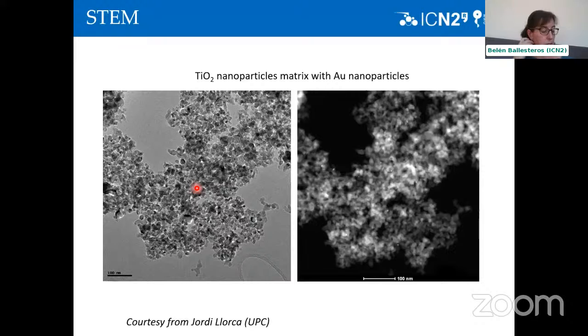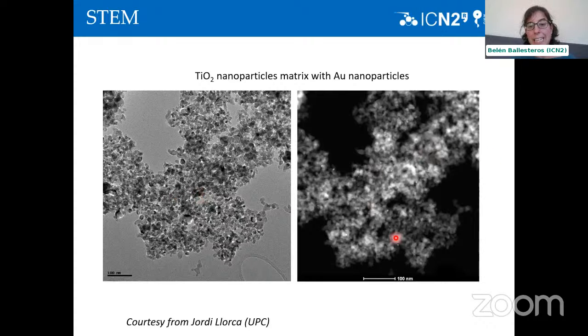This is because of the different contrast mechanisms that we have in TEM. We see darker things that are thicker, that are heavier, and also, depending on the orientation of the crystals towards the beam, they can appear darker. So here, as a summary, we don't see where the gold nanoparticles are.